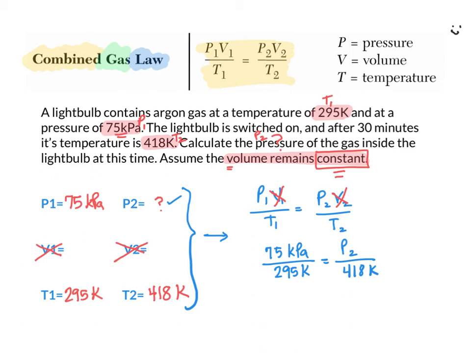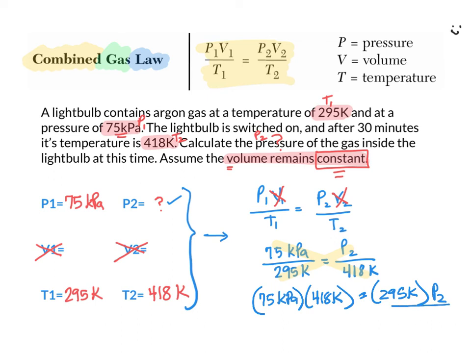You're going to multiply on both sides by 418, which is actually the same as saying that you're going to multiply 295 times P2, and that's going to be equal to 75 times 418. That is called cross multiplying. I'm going to take those two sides diagonally and make them equal to each other.